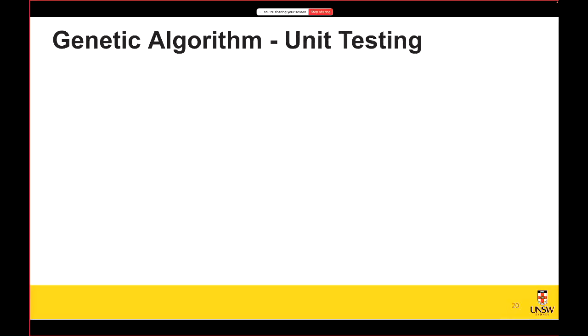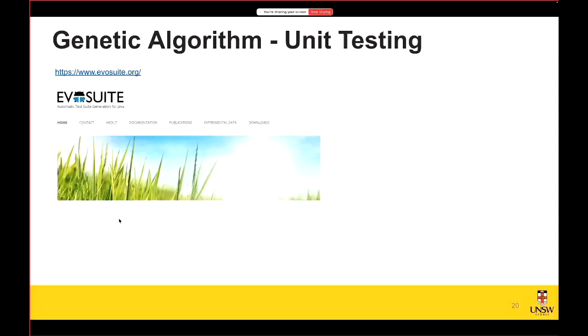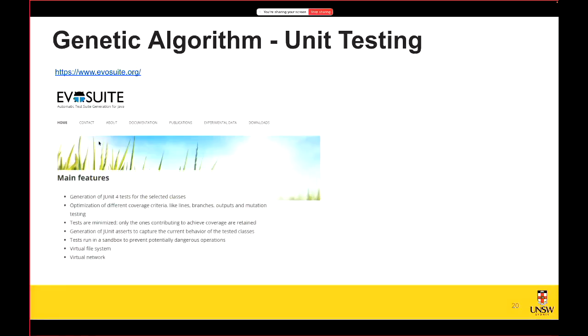Genetic algorithms are used in many different scenarios of testing. For unit testing, there is a very famous tool called EvoSuite, and this is the website of the tool. It was created by some people in Germany, and it is an automated test suite generator for Java. If you're interested, you can click on this link and try it out.